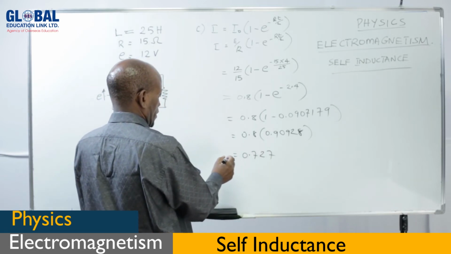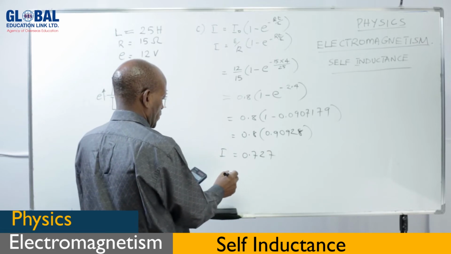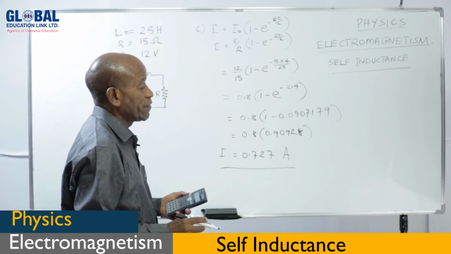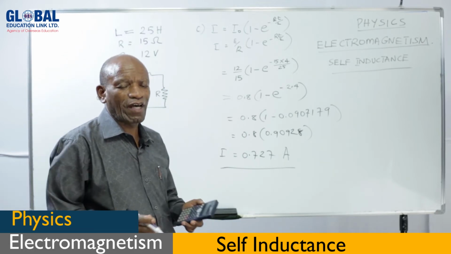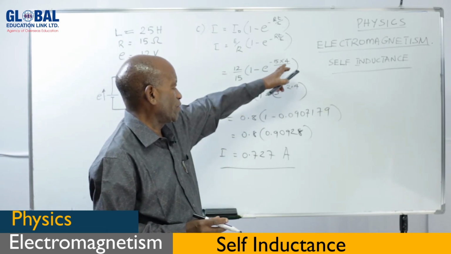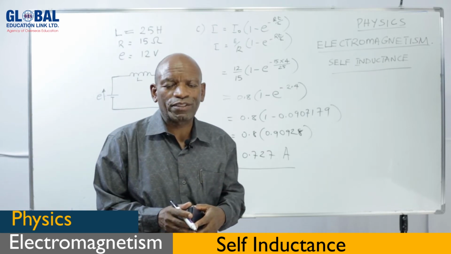Up to the third decimal place, the current I will be equal to this much ampere. This is the current in the circuit after 4 seconds.